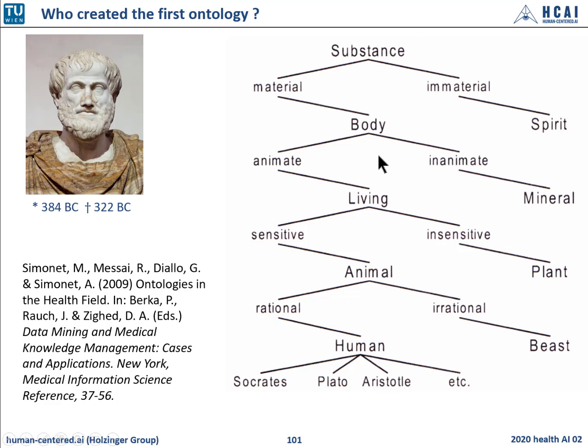So, and this is also the reason why a graph structure is often used for representing ontologies, and graphs are so important. You will see graphs are so useful, and here you see the substance, material, immaterial, body, animate, inanimate, living, and so on. And this was first described in this Porphyry tree. So this is definitely described, and this was a tree structure. This is the first decision tree, so to say.